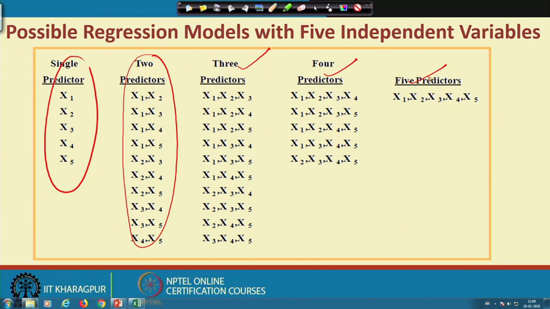When there is a question of multicollinearity, then in the case of a single predictor, this will not be the game, but it is the case for the 2 predictor case, 3 predictor case, 4 predictor case and also the 5 predictor case. So altogether we now have plenty of models. The idea is which model will be considered the best so far as prediction is concerned.